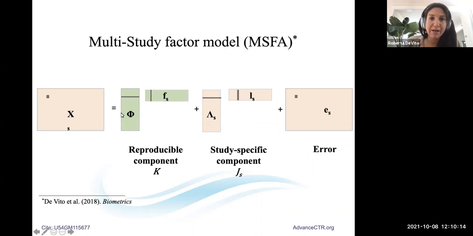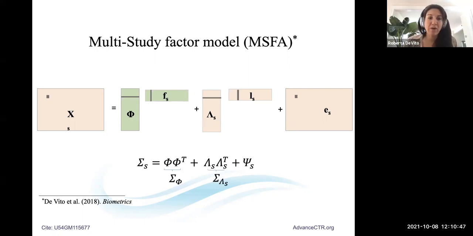As you can see here, we have this phi, that is our loading matrix that does not vary with s, does not vary from study to study. We have a latent component for that. We have a study-specific component that is lambda s, and this lambda s is the study-specific factor loading matrix. And of course, these vary from study to study, and it is associated to a latent component as well. And finally, I have the error term.